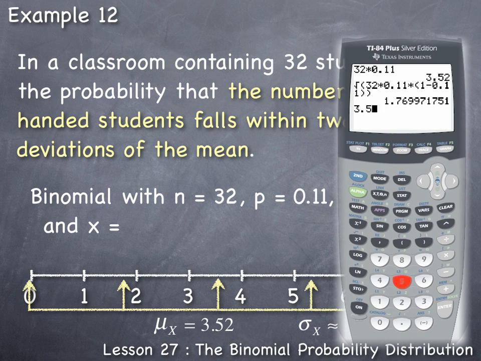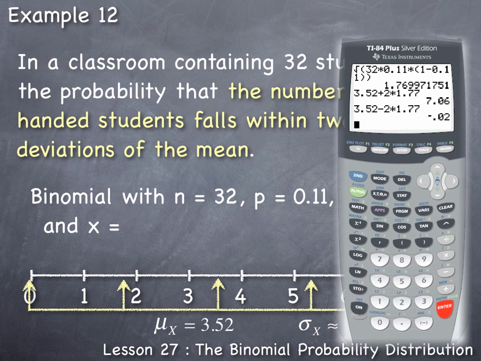So here the mean was 3.52 plus 2 times the standard deviation of 1.77, enter, gives us the upper value of 7.06. The lower value is the mean, 3.52, minus 2 times the standard deviation of 1.77, enter, we get the lower range of negative 0.02.